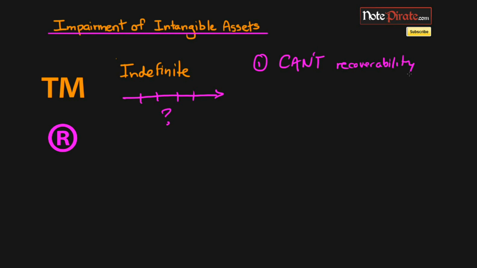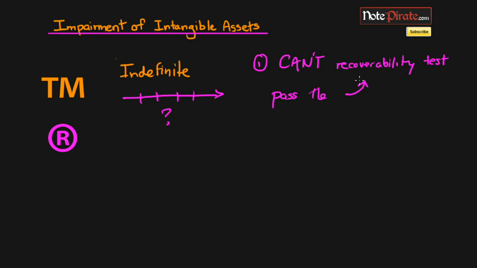For indefinite intangibles, we can't use the recoverability test, because since the future cash flows are going to extend into many years indefinitely, there's a likely chance that the future cash flows will almost always pass the recoverability test.